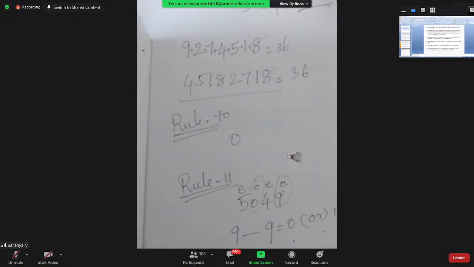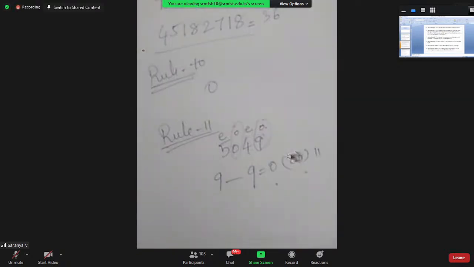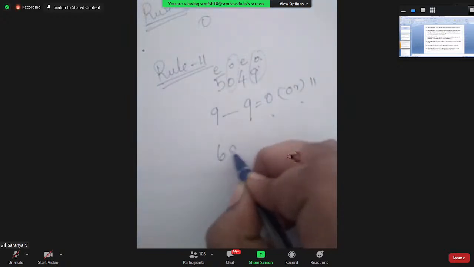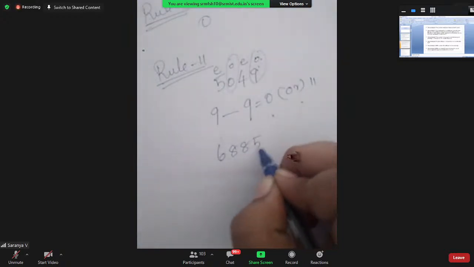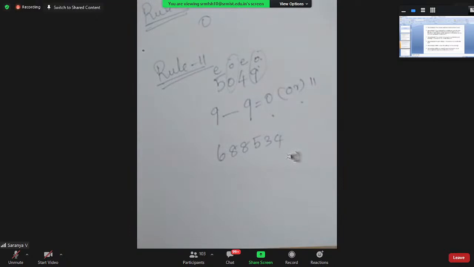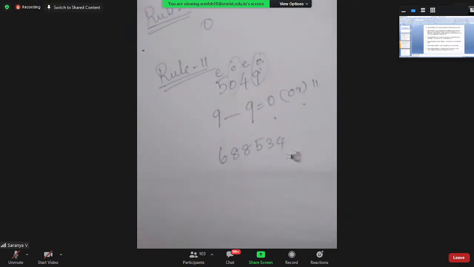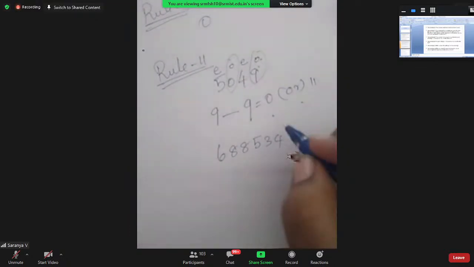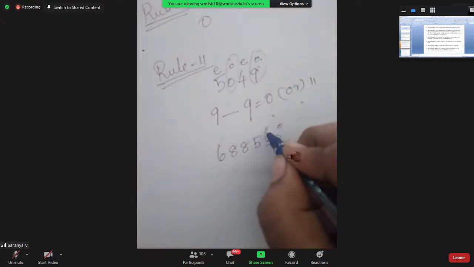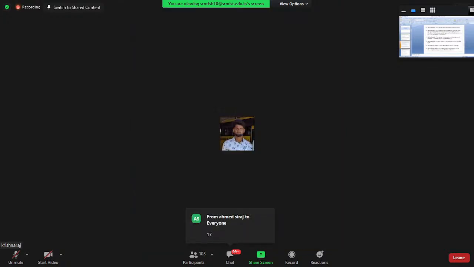The number 688534. Can you check what is the sum of the odd places? The numbers in the odd places.